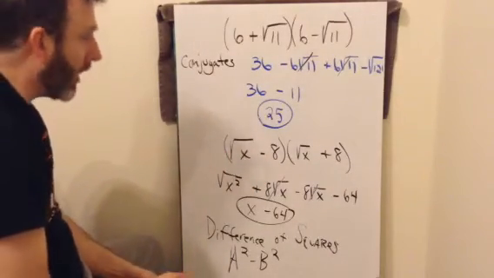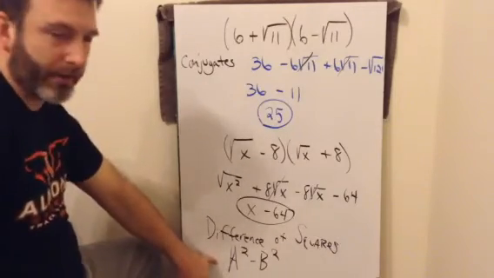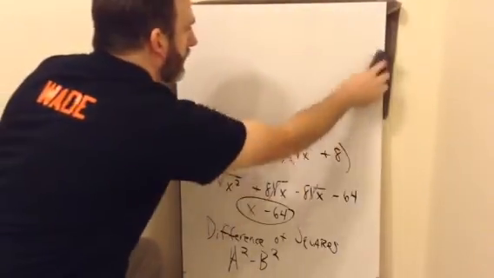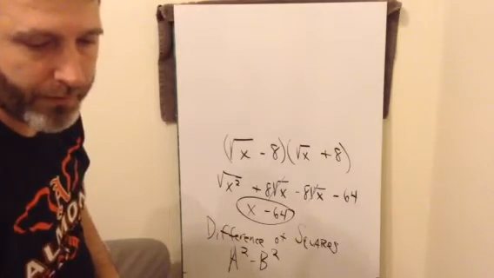Okay, so I'm going to give you another one. I want you to utilize this shortcut for You Try number 4. And you can check it out with your FOIL.